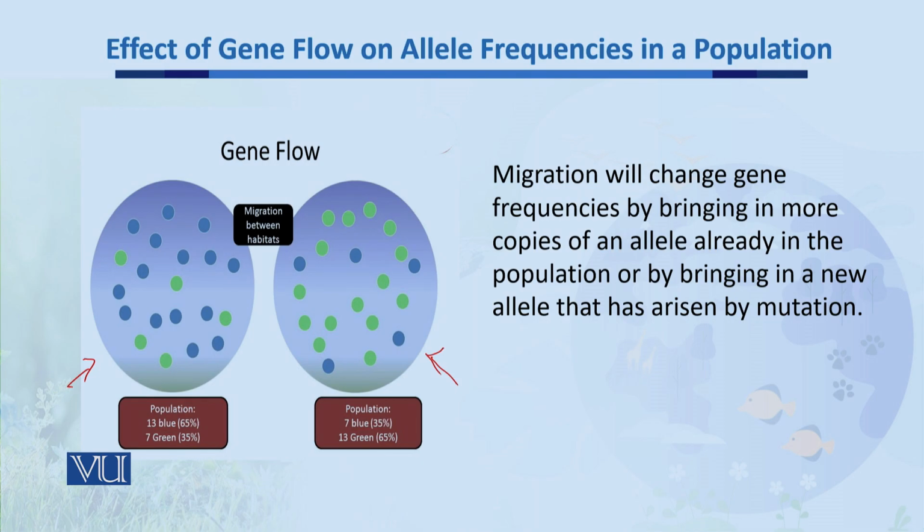So the migration or the gene flow can result in the uniformity of these allelic differences or allelic traits within both populations. It will change their gene frequency by bringing more copies of an allele which is already present in the population but is small in number, or by bringing in a new allele that has arisen by mutation.